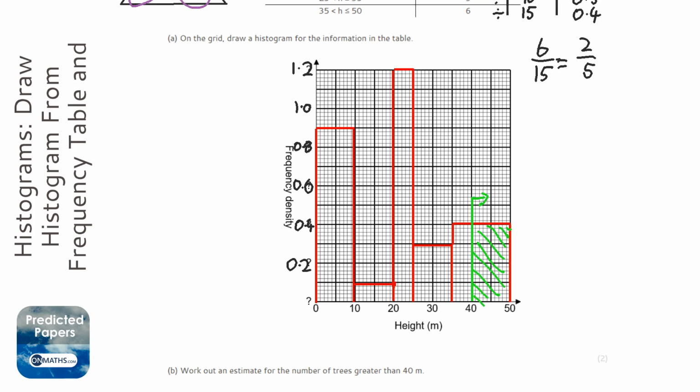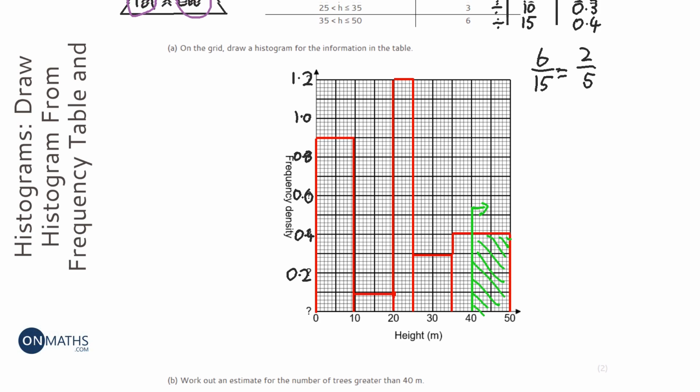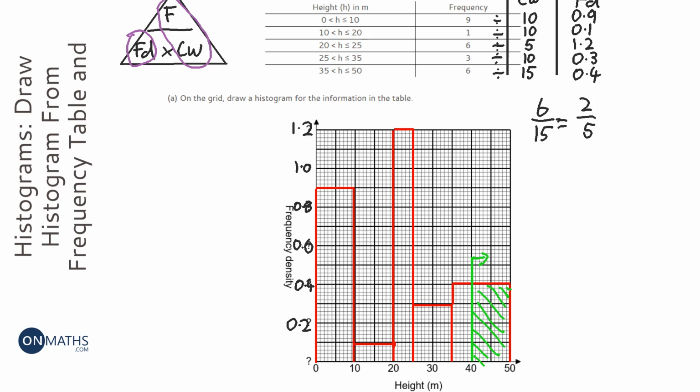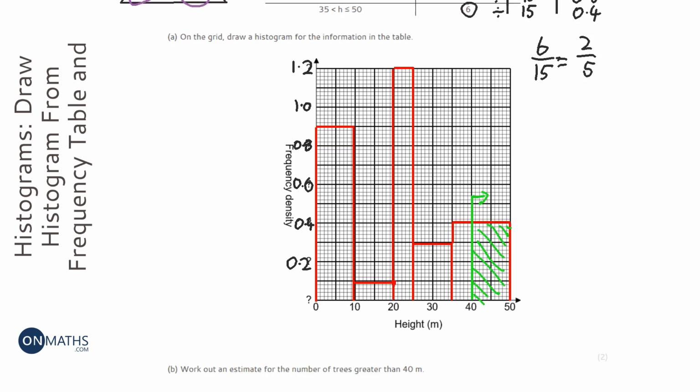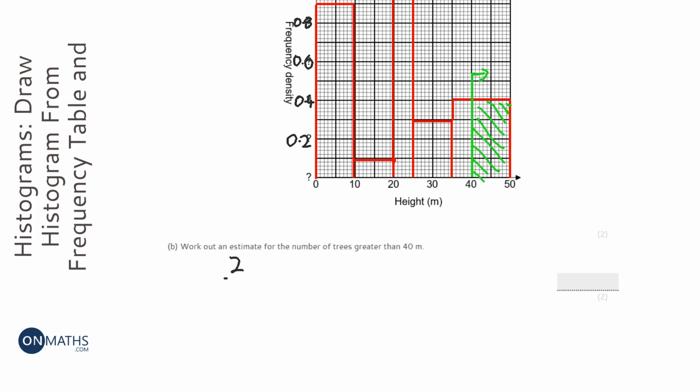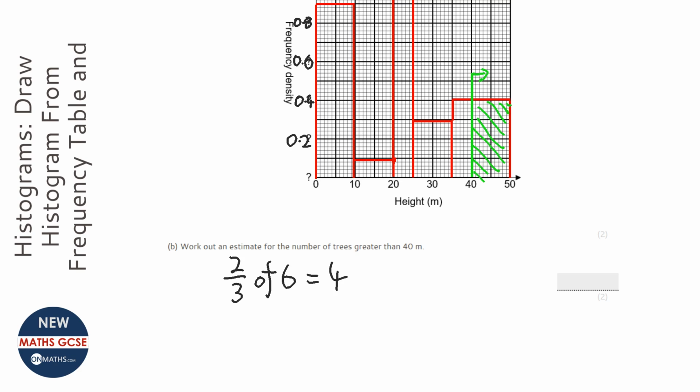If you look at it, I've shaded in 2/3 of that last group. In the last group there are 6. So I want to find 2/3 of 6 because the total frequency for that bar is 6 and we're looking for 2/3 of it. Well, 1/3 of 6 is 2, so 2/3 of 6 is 4.